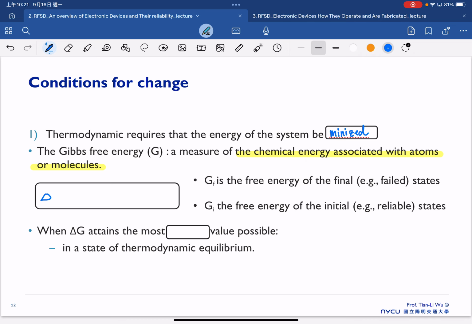The definition of Gibbs free energy is shown here. We have delta G equal to G_F minus G_I. Usually delta G is a negative value, where delta G is smaller than 0.